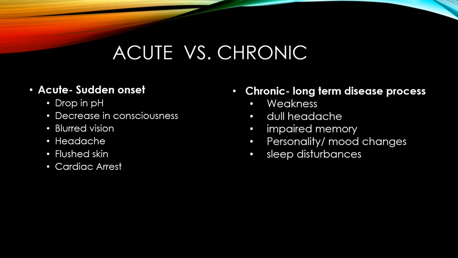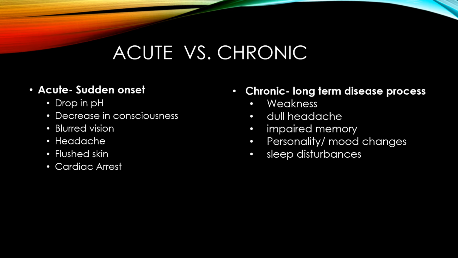So if our PO2 increases too much, say we're giving that patient too much supplemental oxygen, then the patient may actually lose the drive to breathe, because as that PO2 lowers, that's what is triggering the respiratory center to increase their respirations, to increase that oxygen gas exchange.